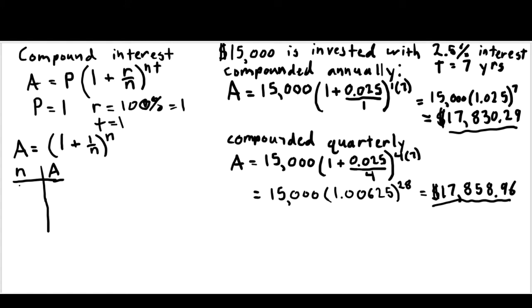If I plug in 100, and you could verify this on a calculator, I get about 2.7048. If I plug in 1,000, I get 2.7169.